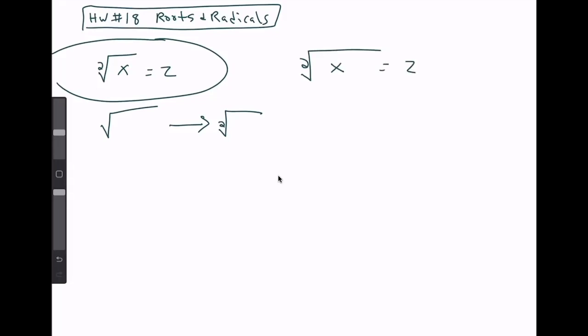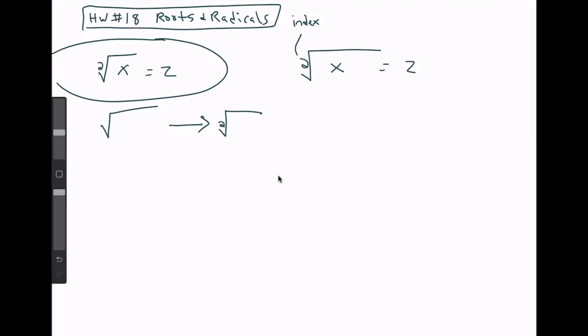Starting off, that 2 right there, the name for it is an index. If we're being specific and learning math vocabulary, if I ask you, what's the index? You would look at that and say, the index is 2.